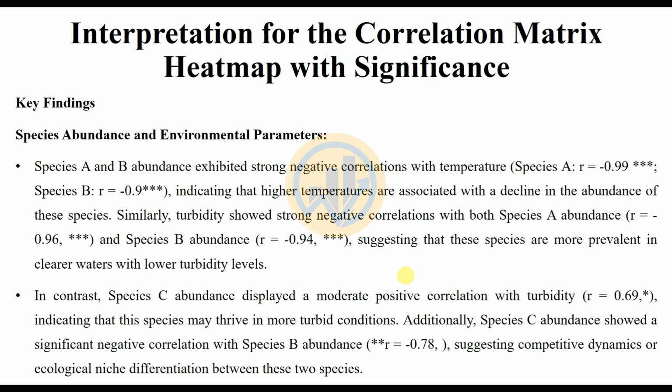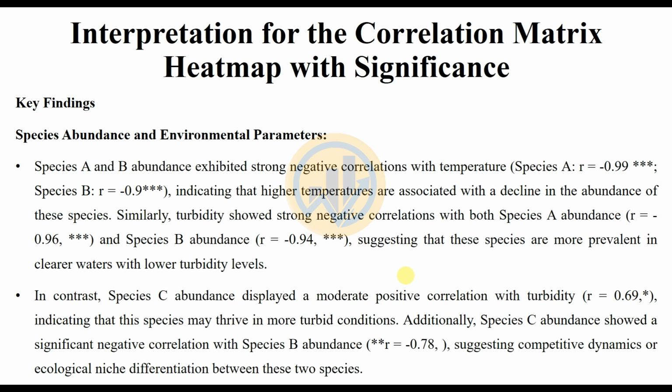In contrast, species C abundance displayed a moderate positive correlation with turbidity, R is equal to 0.69, indicating that this species may thrive in more turbid conditions.